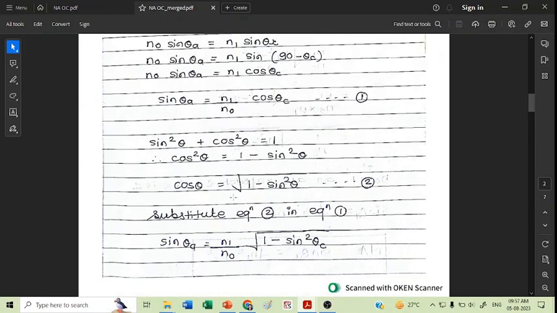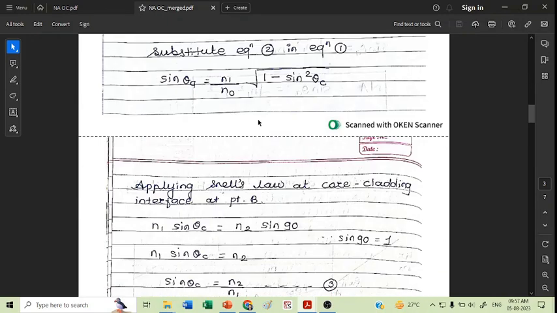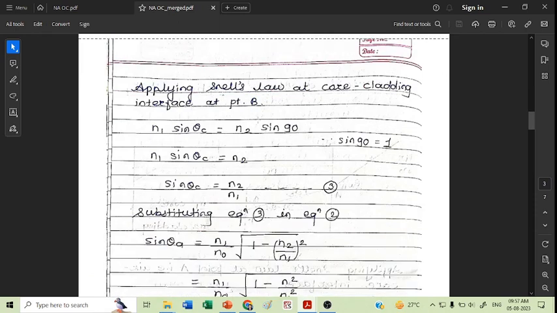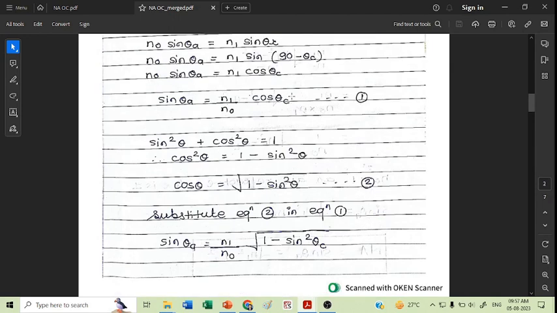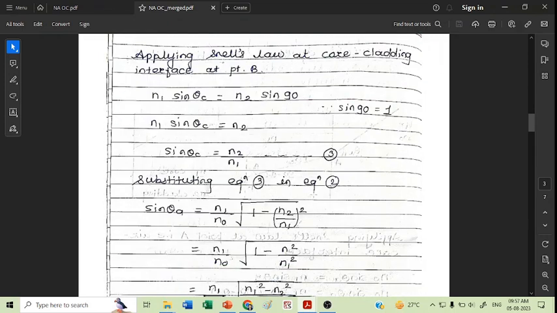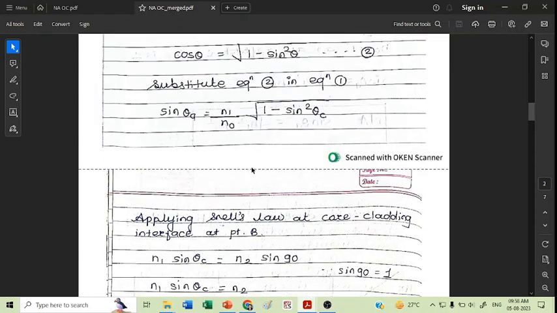Here we are replacing sin theta c by n2 by n1.